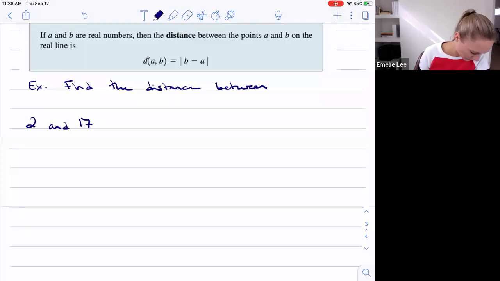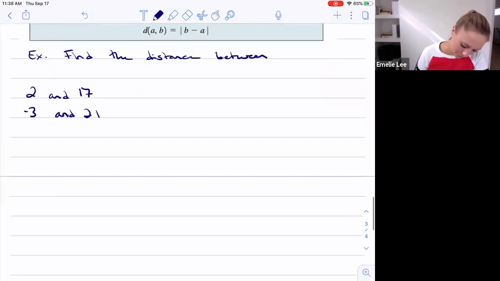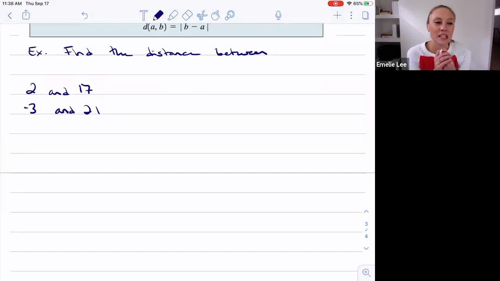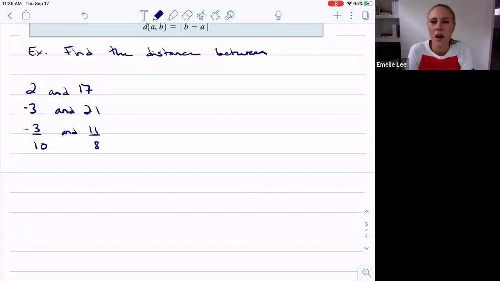Doesn't matter, but it's what I have in my notes. Then between -3 and 21, very similar to that scenario that we were just talking about. And to get a little bit, I don't want to say mean, between -3/10 and 11/8. Fractions, come on. Good thing we know how to deal with fractions, right?